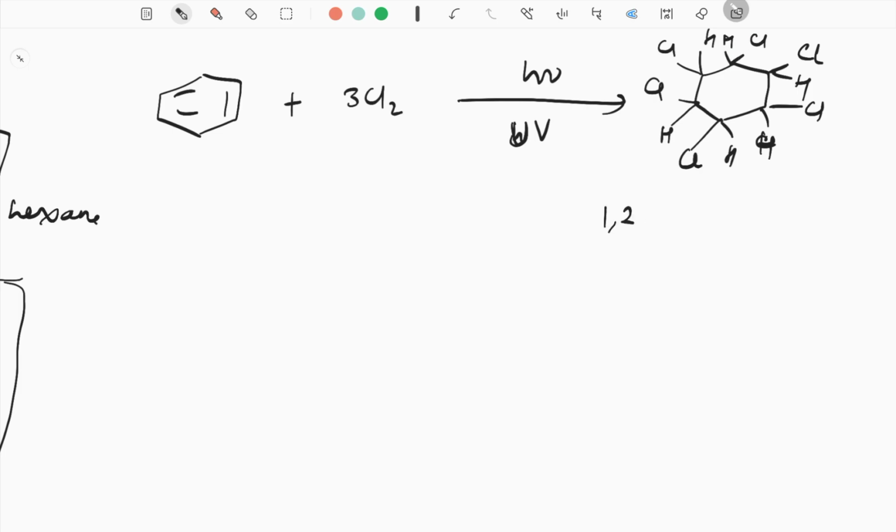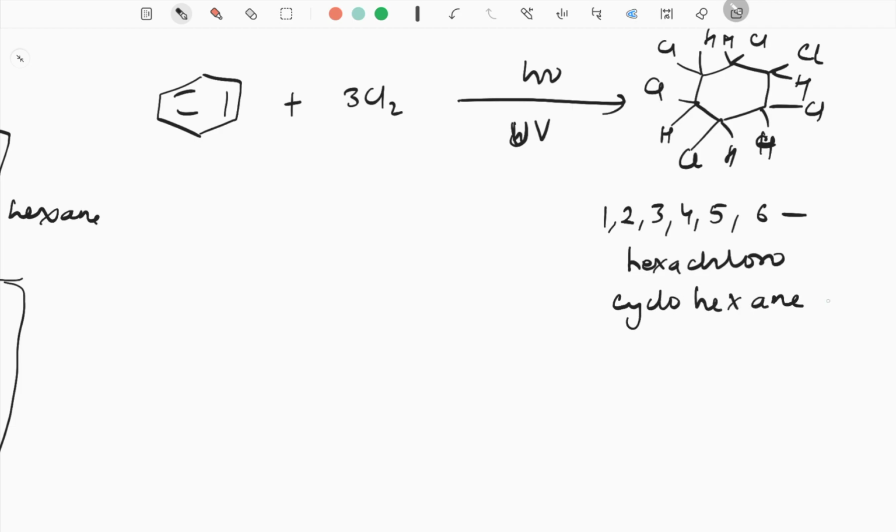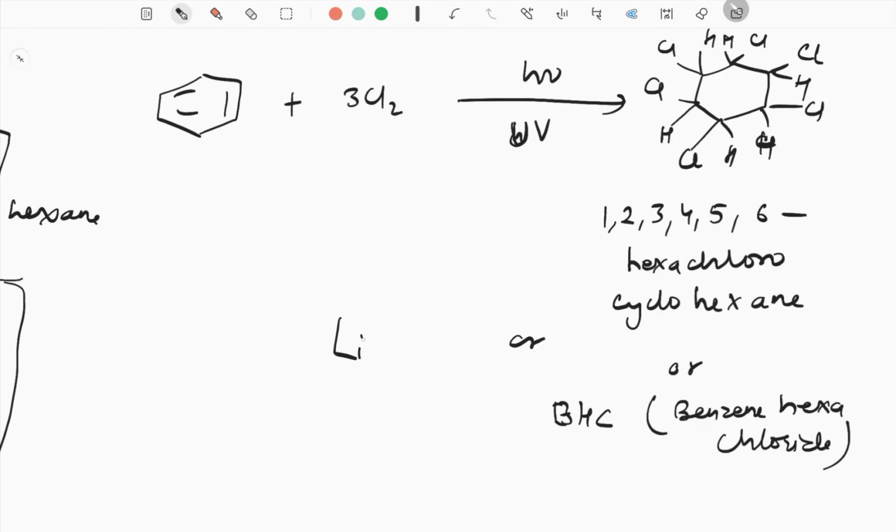It is 1 2 3 4 5 6 hexachlorocyclohexane, or we can say BHC, BHC means benzene hexachloride, or we can say it is lindane or gammexane or triple six.